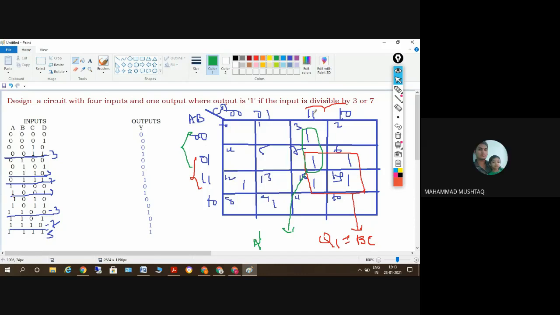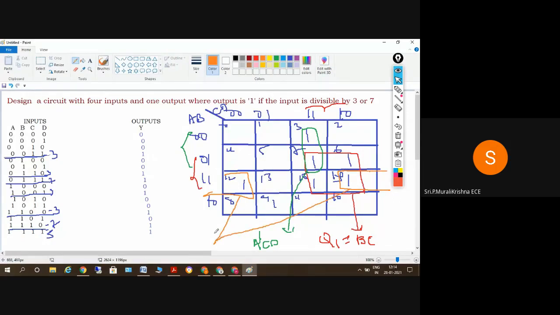So A bar CD. So BC plus A bar CD. And we have another pair here. We can form another pair with 12 and 14.